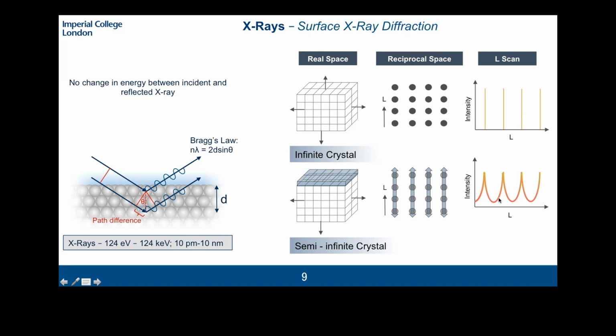Because they are formed by virtue of having a surface, they can be sensitive to different things that happen on the surface. For example, if you have surface reconstruction, or different adsorbates forming as a function of potential, you can expect to see changes in the shape of this anti-Bragg feature here.